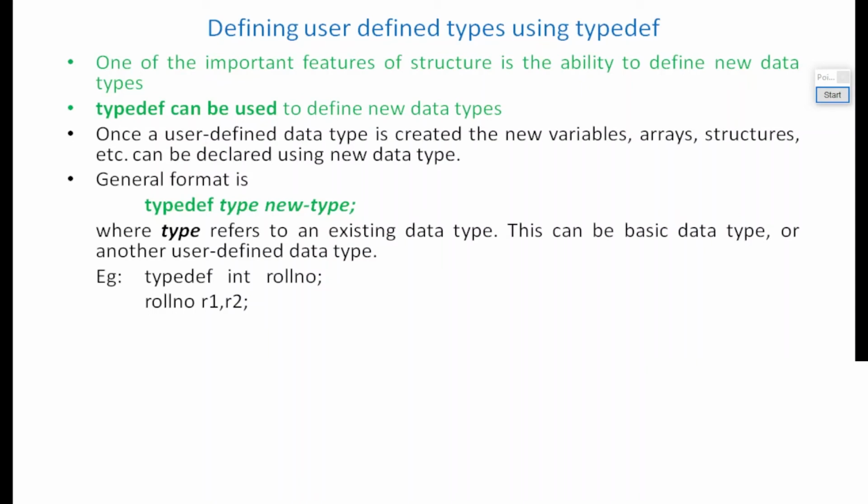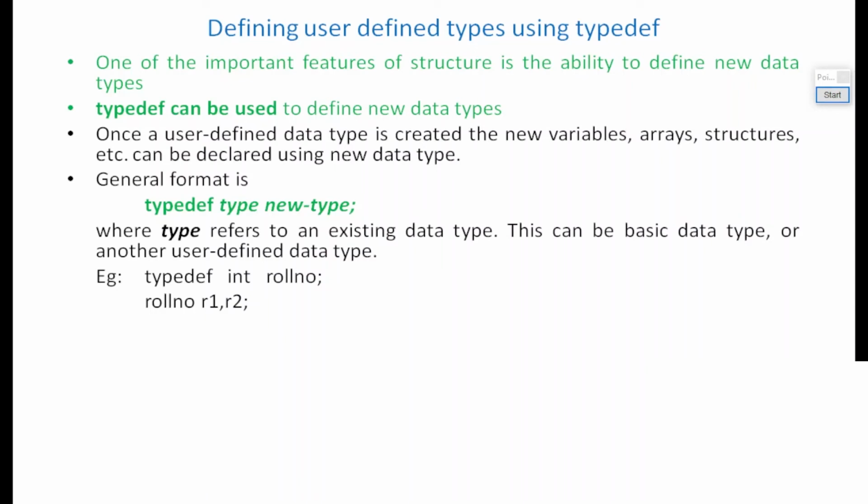Basic data types are int, char, float, double. Derived data types are nothing but array, structure, etc. An array is a homogeneous collection of elements, a structure is a heterogeneous collection of elements, but the fields are nothing but the basic data types only. So it is a derived data type.